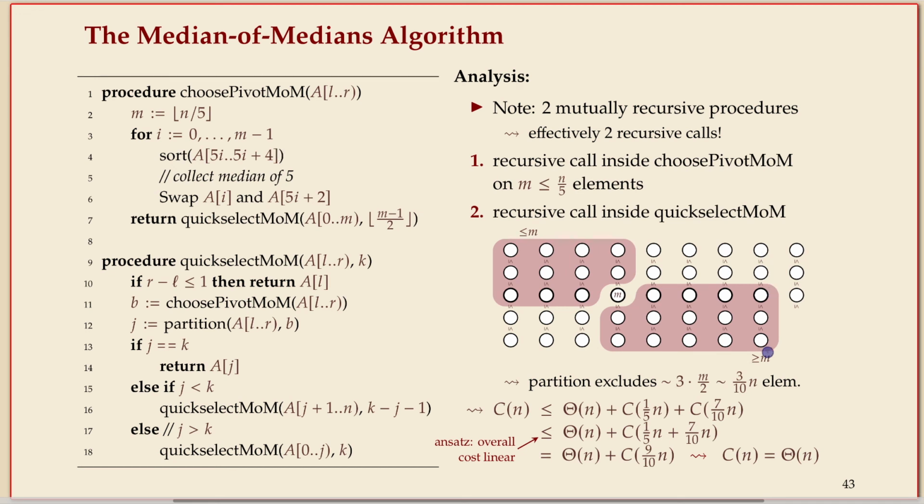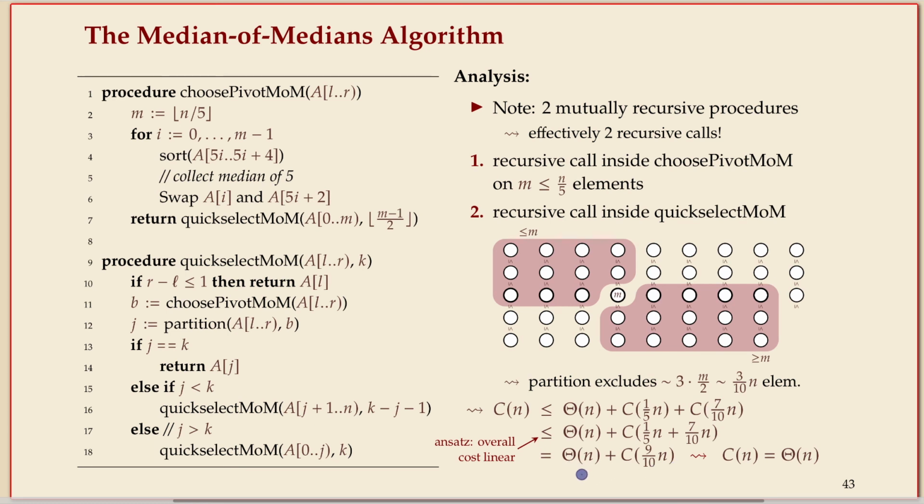If you stay with the 5 elements, then you're left with this recurrence. And a simple way to argue why this is linear is to just start with the assumption that the cost is linear and then prove that this is a correct solution. The details are a bit more messy, and so I left those out. But you can formally prove that this recurrence is upper bounded by some recurrence like this.